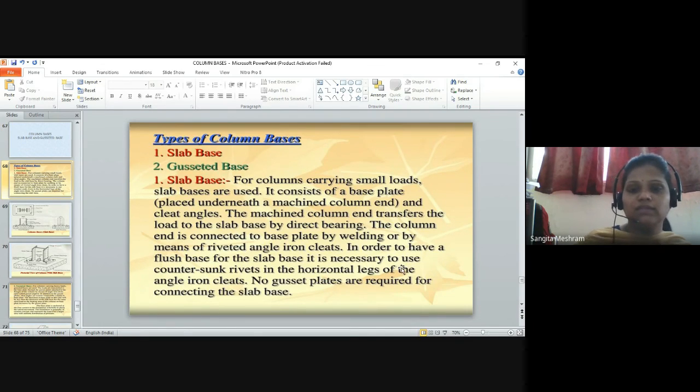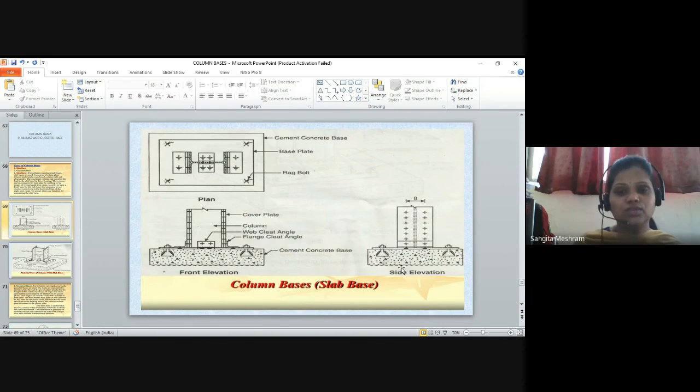Okay, just see the figure. So this is nothing but a slab base. You can use this cement concrete base. This is base plate. This is angle section we can connect. This is the column. So the column is connected with this plate with the help of cleat angles. See the figure. This is plan, front elevation. This is your column section.